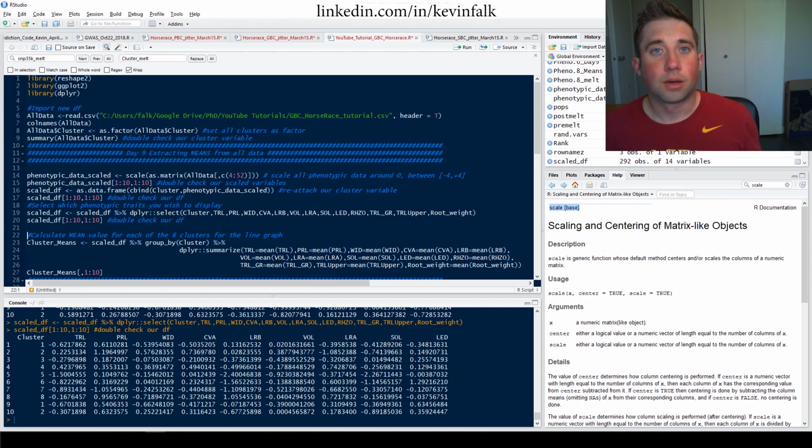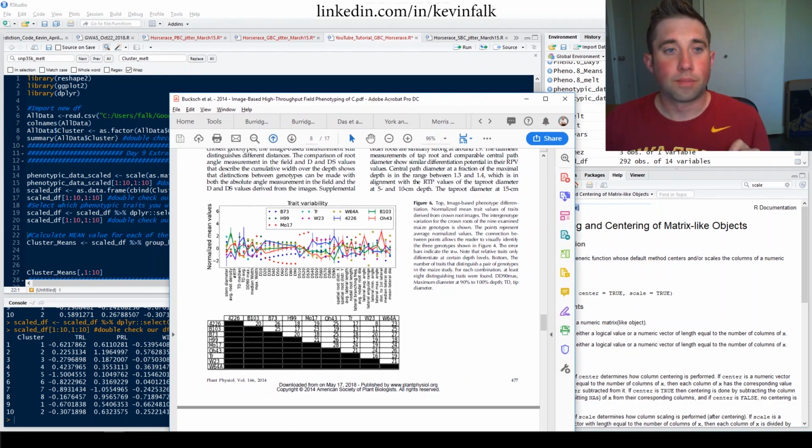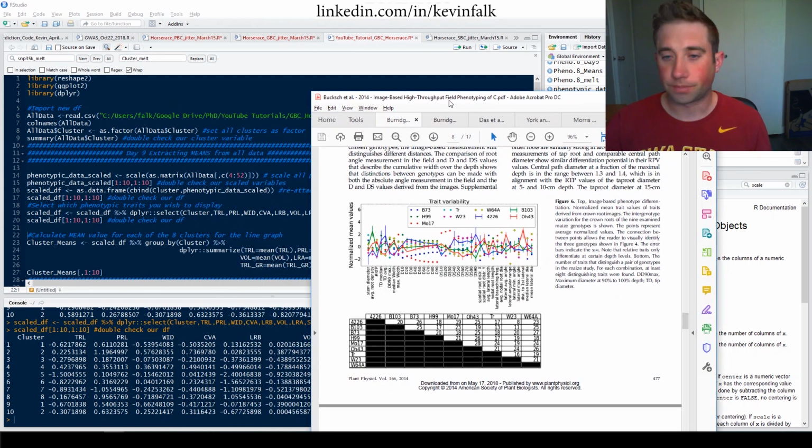Next, we have the points, but we want the lines, and the lines between the points are actually the mean. So we want the mean of each cluster, genotypic cluster, to be the line between each phenotypic data point from trait to trait.